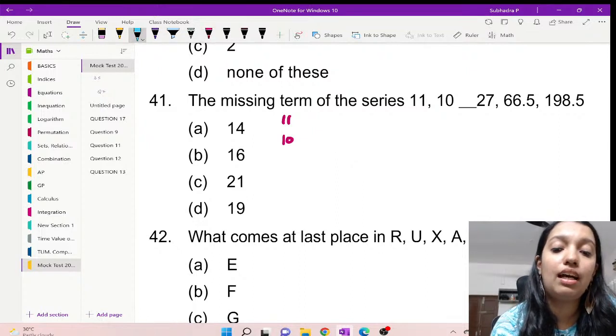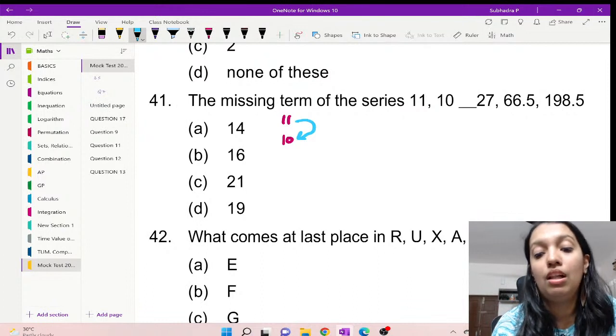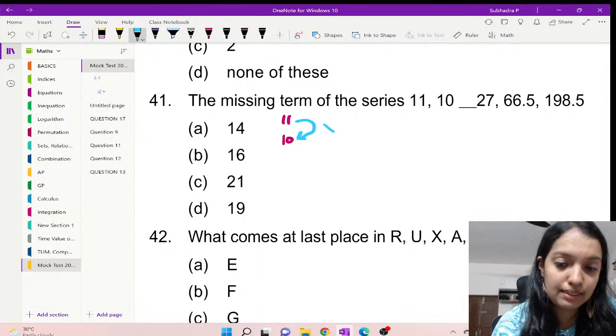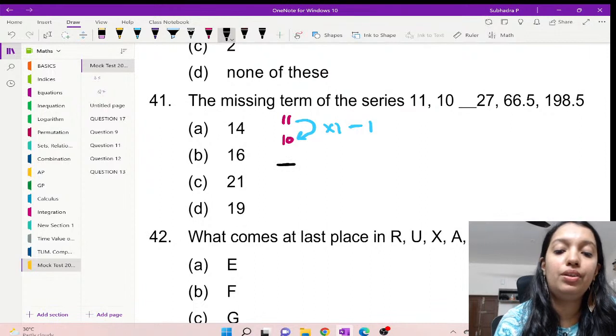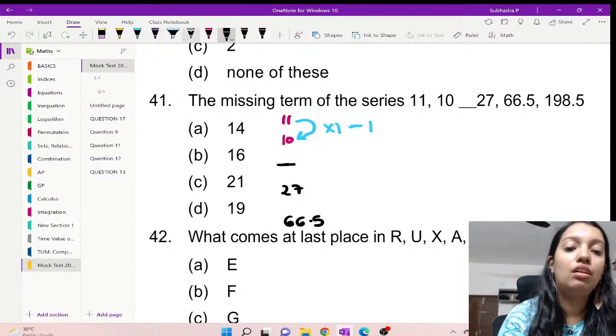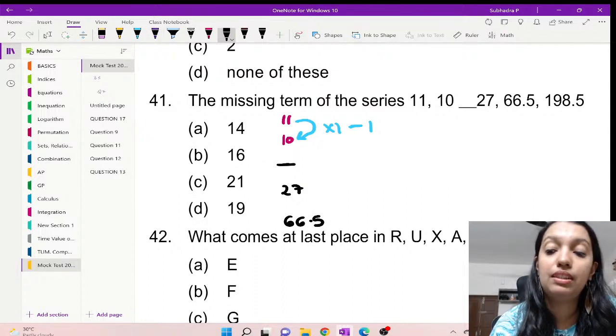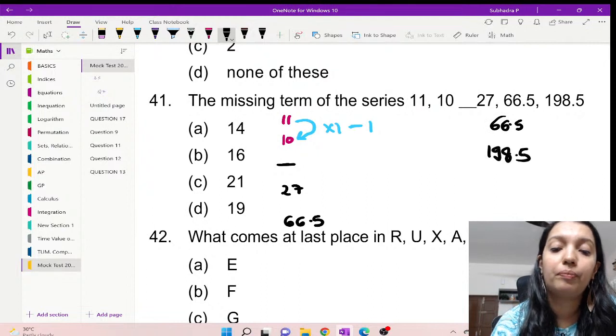I can see that from 11 to 10, 11 into 1 is 11, minus 1 is 10. Next, unfortunately, I don't know, it is question mark. Next, I know it to be 27. I know next one to be 66.5. Next, I know from 66.5, it went to 198.5.